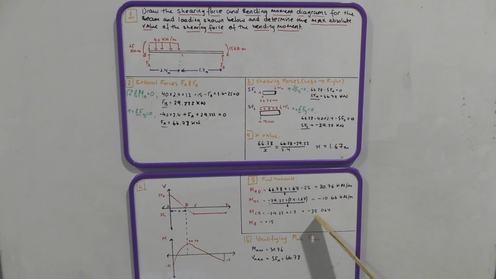In reality, this would be negative 20. And then the V max is the same as the shearing force at A. That's the largest value, which is 66.78.